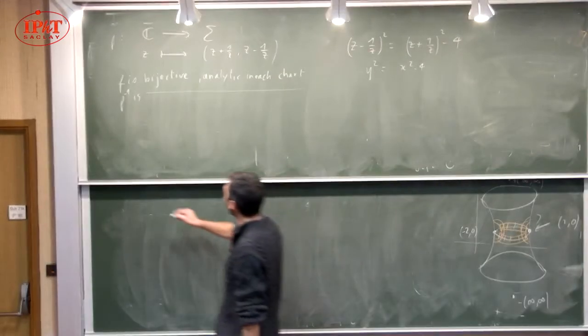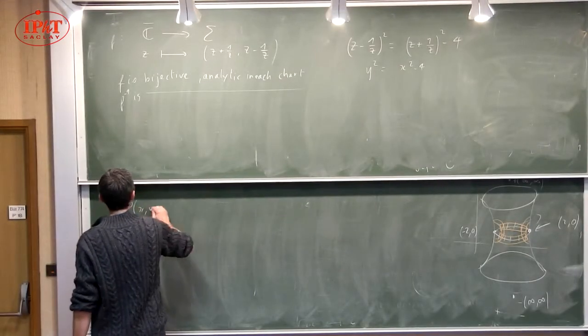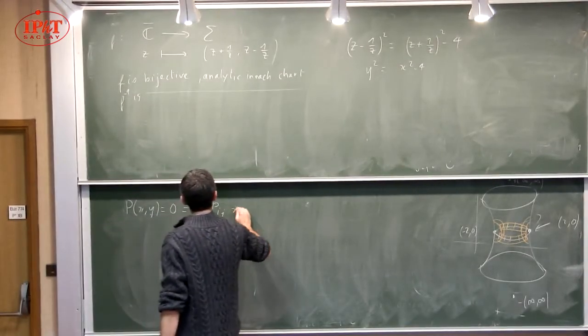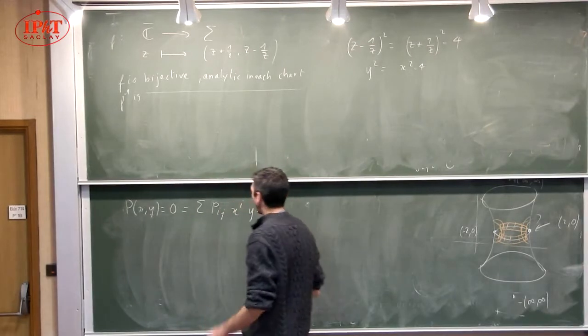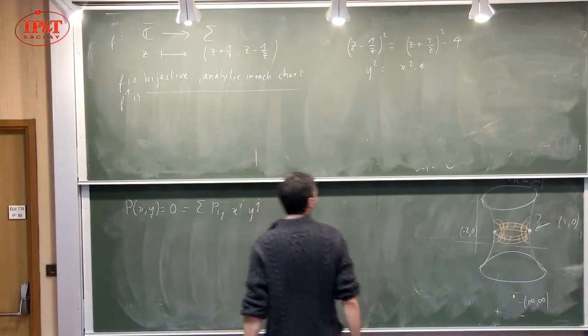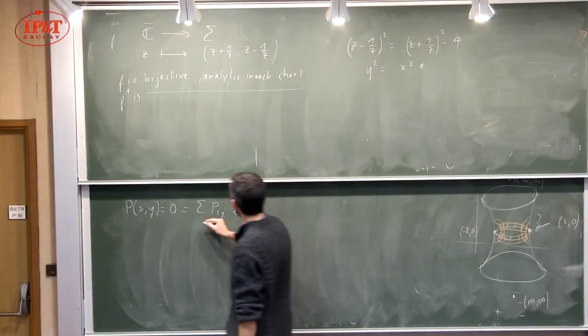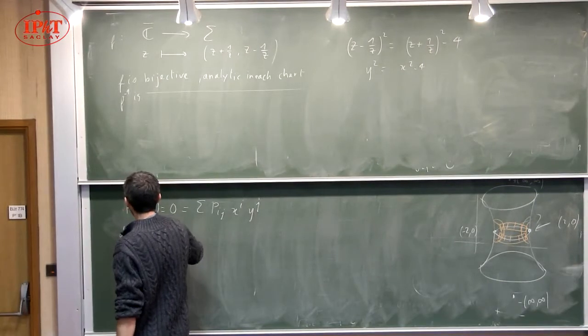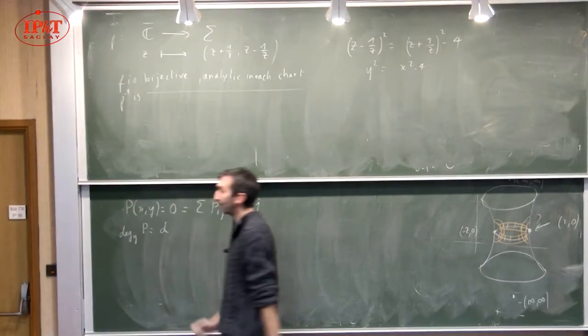So now start from P of x, y equals 0, equals the sum of P_ij x^i y^j. First of all, say that the degree in y of P is, let me call it d.